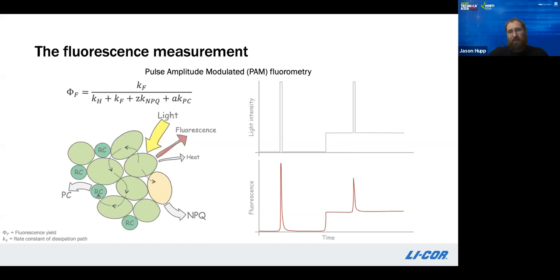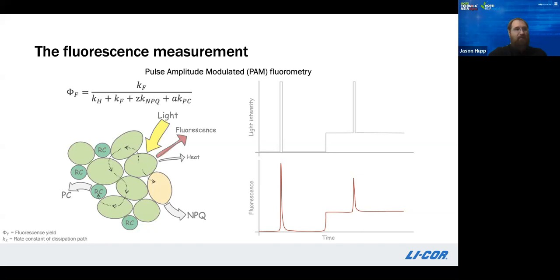And so you can see in my top figure, I just have some gray lines that represent light intensity. This first section of the figure, where the gray line is almost on the x-axis, represents what we'd call a dark adapted measurement. And this is the first part of the modulated part of PAM fluorometry. In this case, we're applying just a little bit of light to the leaf to get some fluorescence yield, but it's not enough for the leaf to really do anything with it.